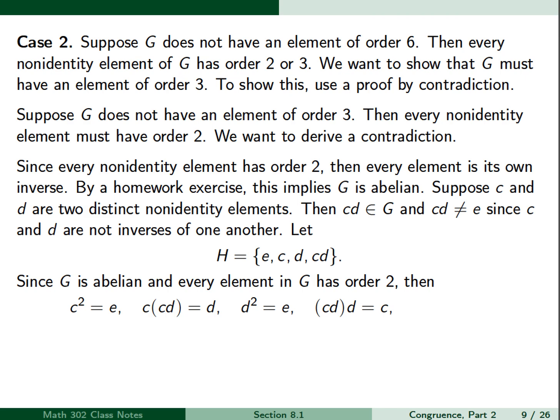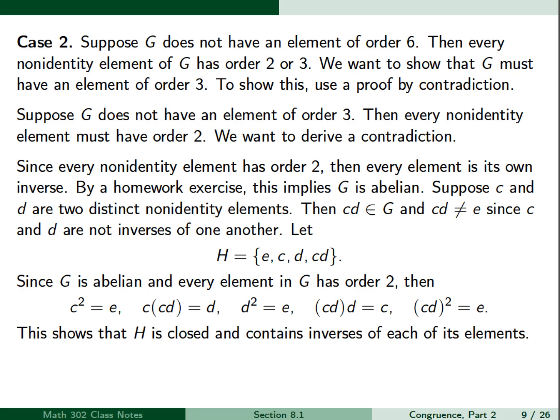CD times D will be C D squared, which will be just C. And CD, quantity squared, since it's not equal to the identity, has order 2, so CD squared is equal to E.